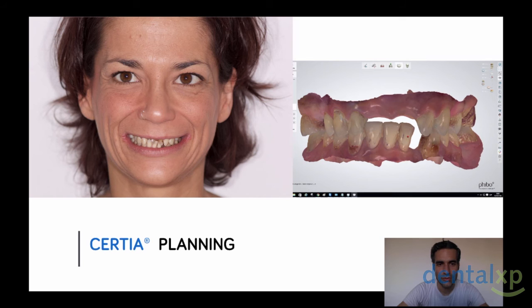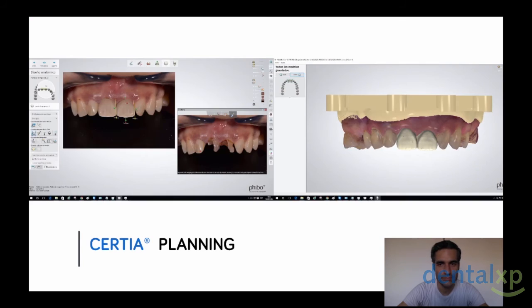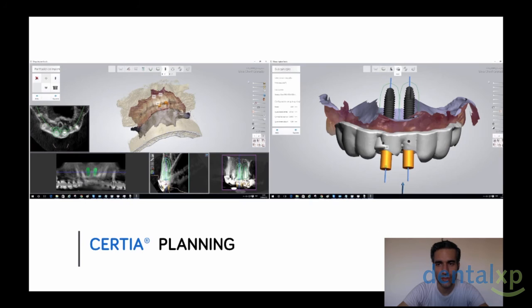So we did some photos, we did a 3D scan with the Trios 3, we did a smile design, and we designed a prosthesis before we performed the surgery. We did this virtual wax up, we placed virtually the implants, and also we built a surgical guide.